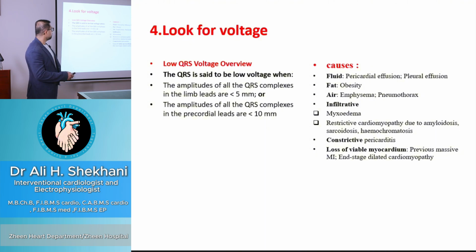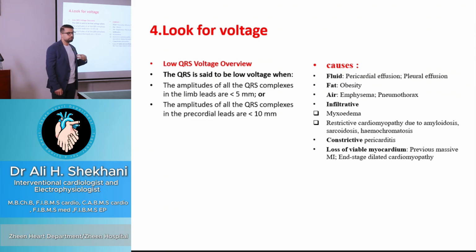And of course, we have to look for the voltage of the QRS. The definition of low voltage is when it is less than 5 millimeter in the limb leads and less than 10 millimeter in the precordial leads. And as common sense, whenever you have low voltage, there should be some barrier between the heart and the electrode of the ECG.